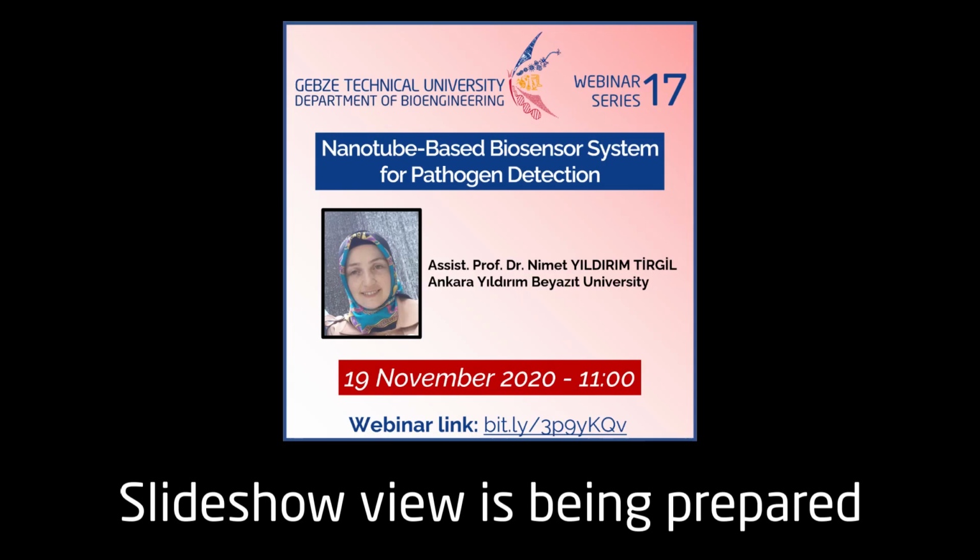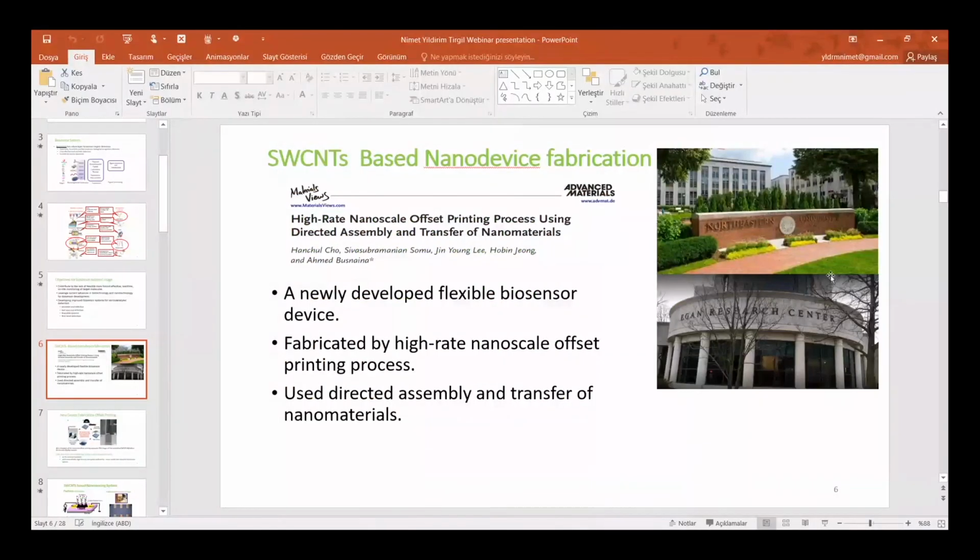Okay, I've just shown. This nano device was developed by a collaborator at Northeastern University. We have a nano device center. My co-advisor, Ahmet Busnaina, was the head of this department, and they developed this system by themselves using a new technology.